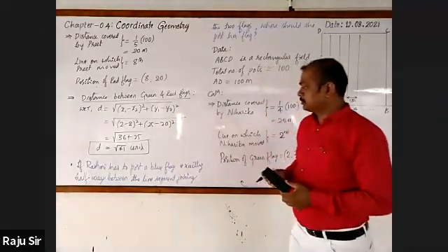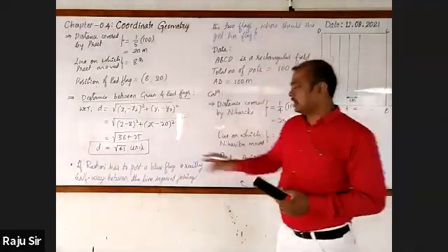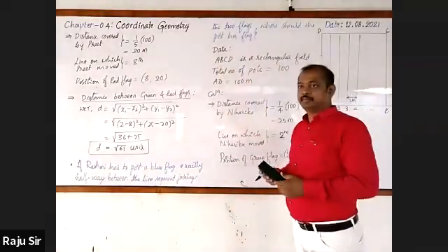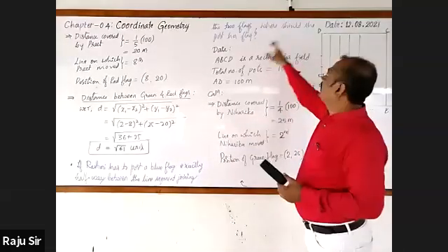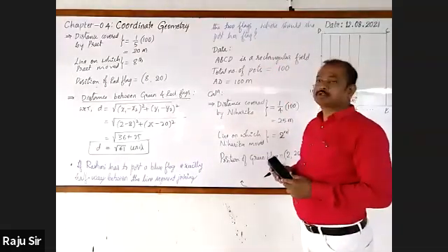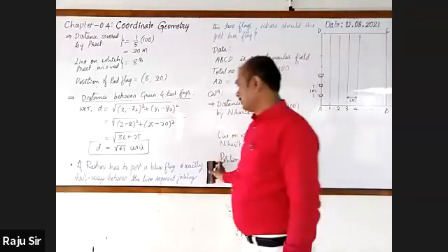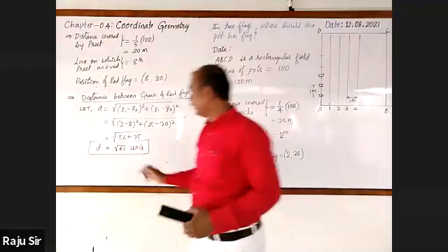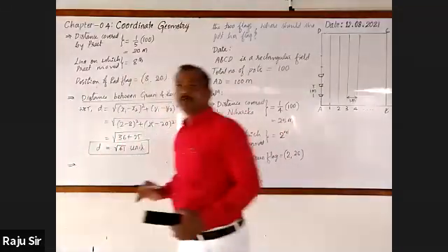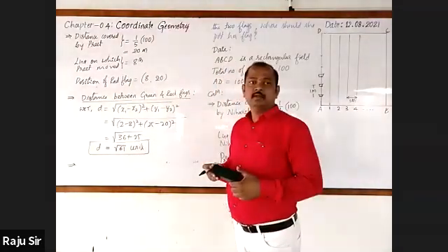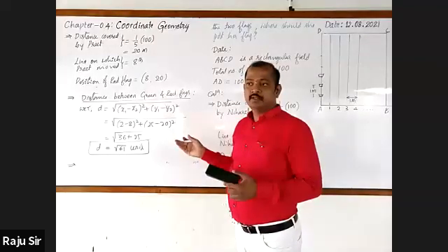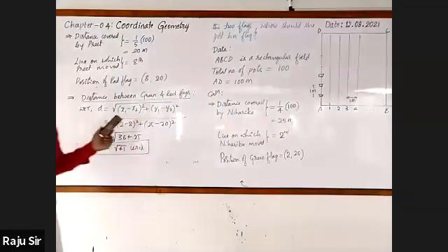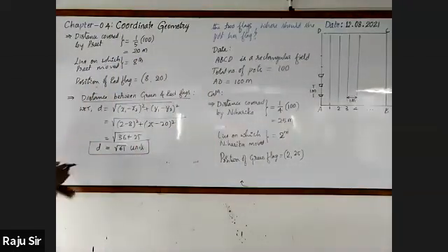Then Rashmi has to post a blue flag exactly halfway between the line segment joining green and red. Then where should she post the blue color flag? We all know that the position of blue color flag is exactly halfway between those two. That is the midpoint of green and red.